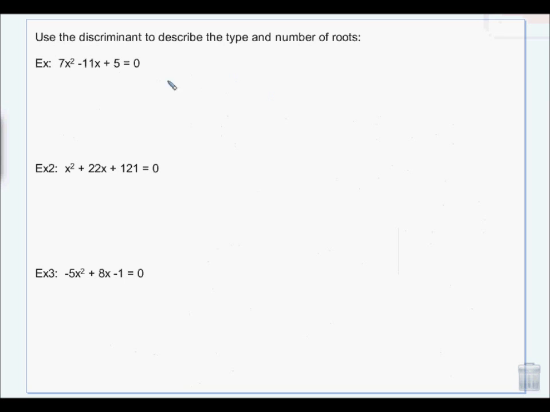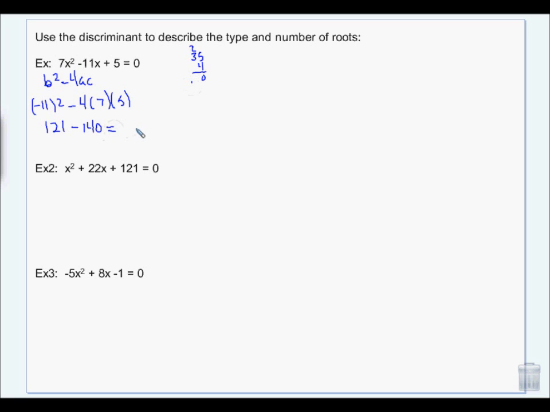So when we use the discriminant to describe the number and type of roots, we do just this part, b squared minus 4ac. So I do negative 11 squared minus 4 times 7 times 5. So that's 121 minus 140.